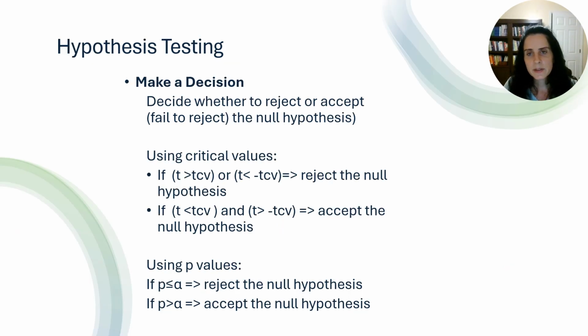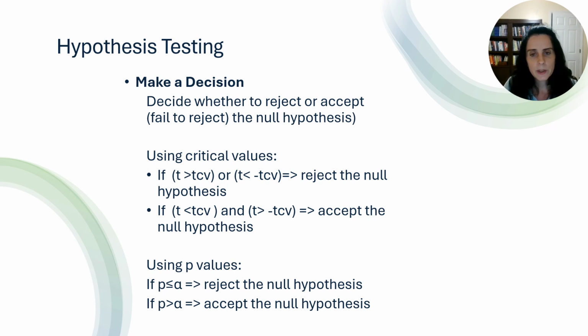After examining t-statistics and p-values in relation to critical values and the significance level, data analysts decide whether to reject or retain the null hypothesis. If the t-statistic is further from the mean than the t-critical value, the null hypothesis is rejected and the alternative hypothesis is accepted. However, if the t-statistic does not exceed the critical value, the null hypothesis is retained and the alternative hypothesis is rejected.